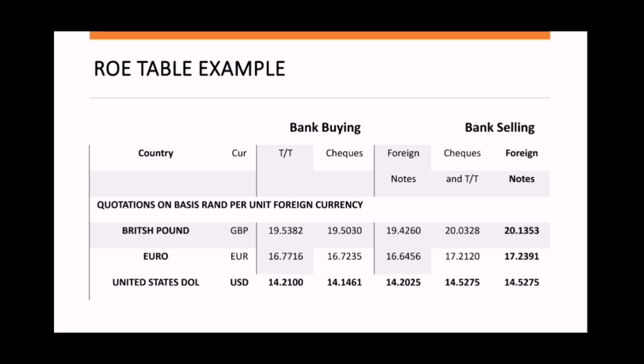So your bank can buy your electronically transferred money, or can buy a traveler's check from you. And then you have your bank selling rate, which is written under foreign. With the bank selling rate, the bank can sell you foreign notes, it can sell you checks or telegraphic transfers.